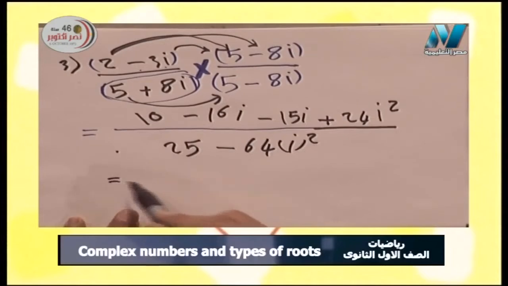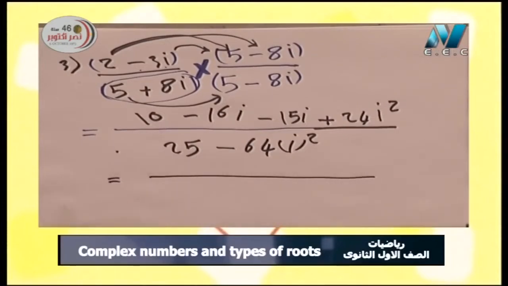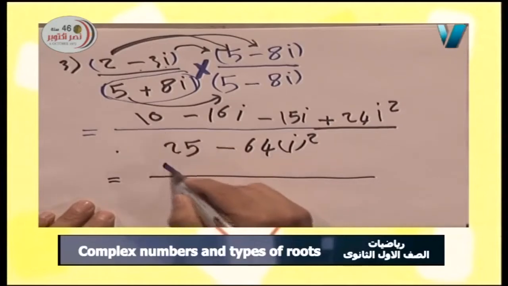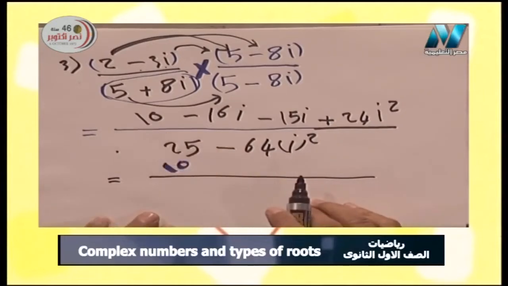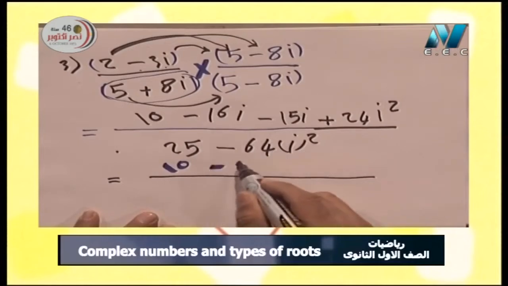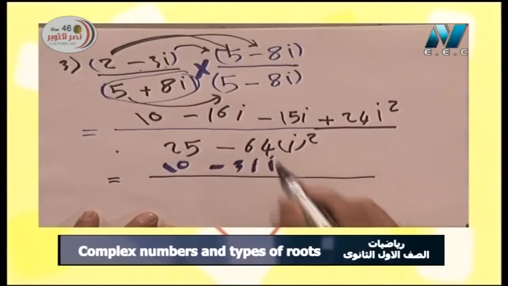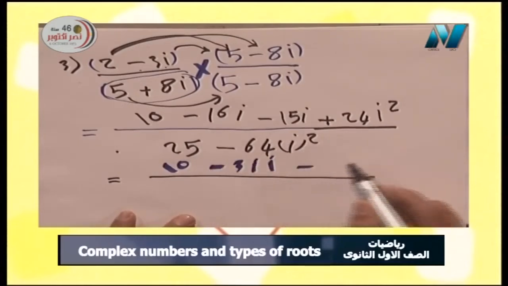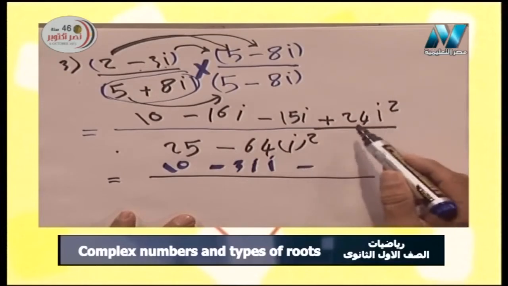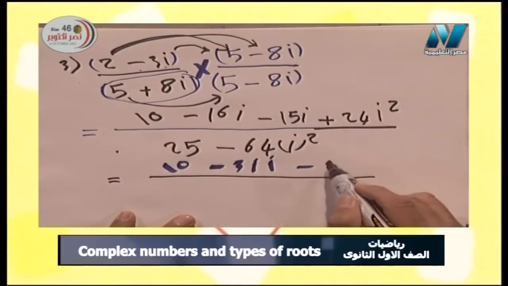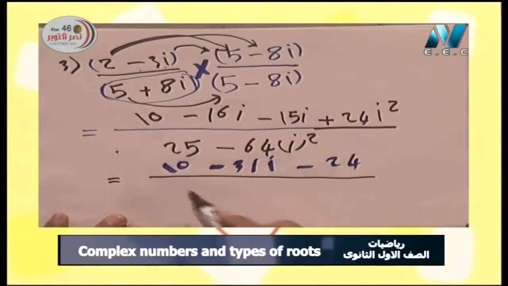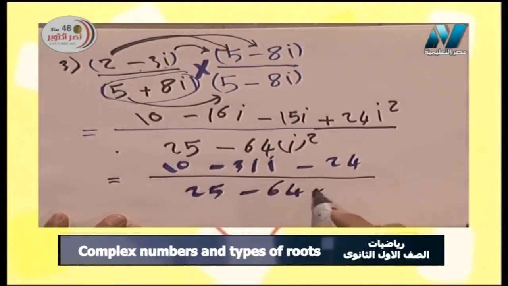Okay, we will go to simplify. 10 will start, and negative 16i plus negative 15i equals negative 31i, plus 24 times i squared, 24 times negative 1 will be negative 24, and we have 25 minus 64 multiplied by negative 1.